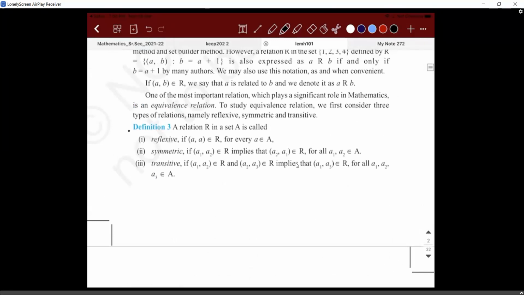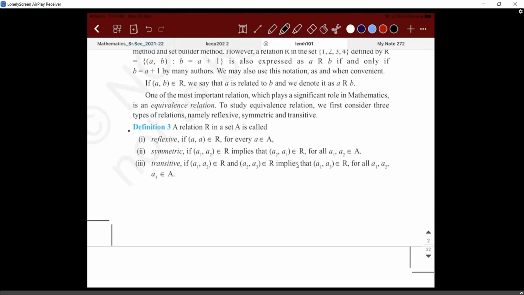It is called reflexive if A comma A belongs to R for every element A that comes from the set capital A. It takes some time for you to master this, but as of now, try to understand with the examples. Slowly you will be able to master it. If you are not able to follow this kind of notation, concentrate on what I'm speaking about.